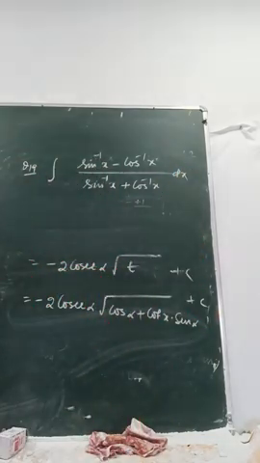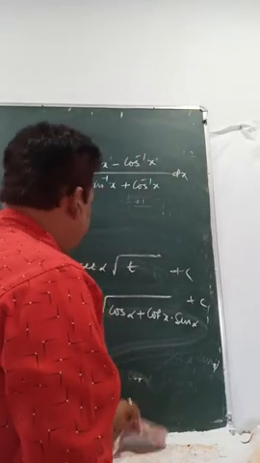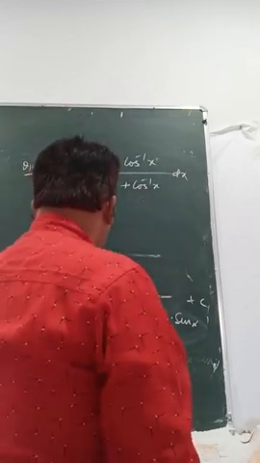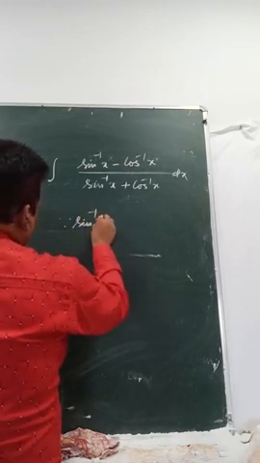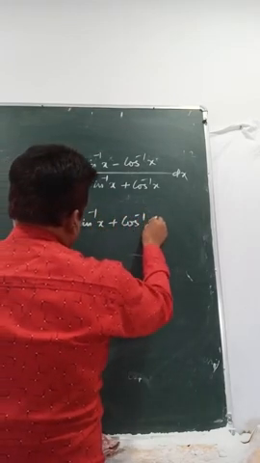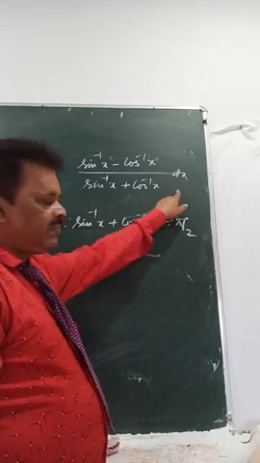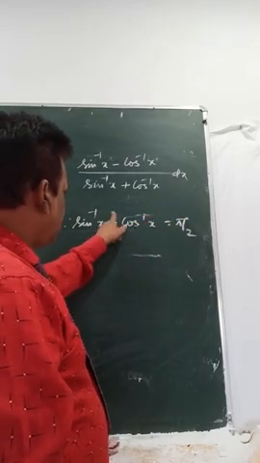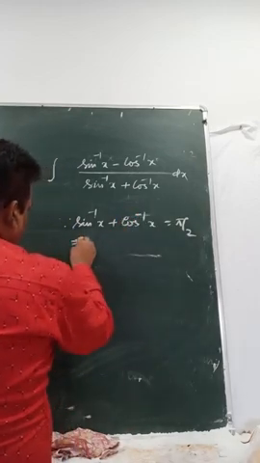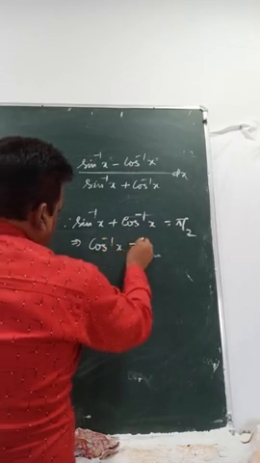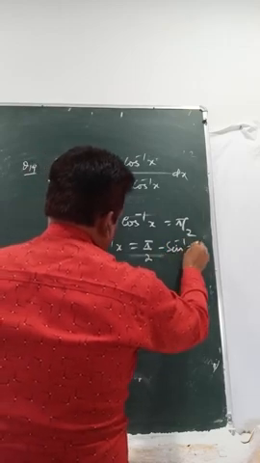So what to do? I think in the inverse functions I told you what it is. Since sin inverse x plus cos inverse x equals pi by 2, this denominator will be pi by 2. Now if I want to find cos inverse x, I can take this onto that side, which implies cos inverse x equals pi by 2 minus sin inverse x.